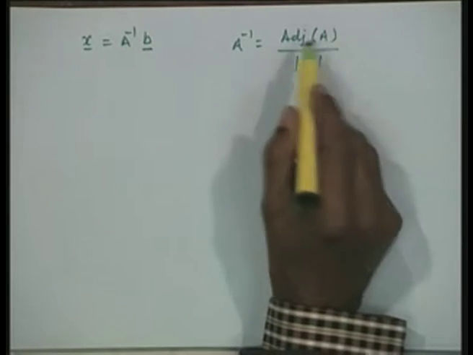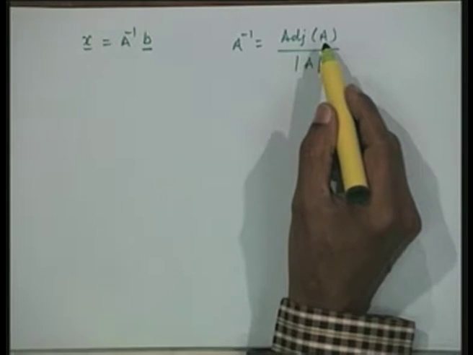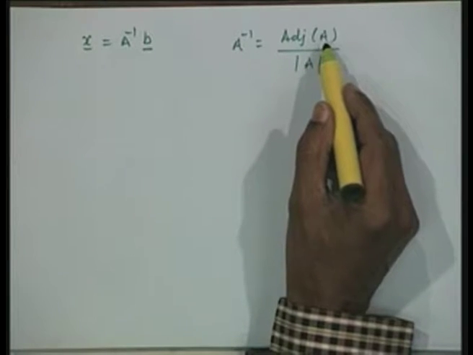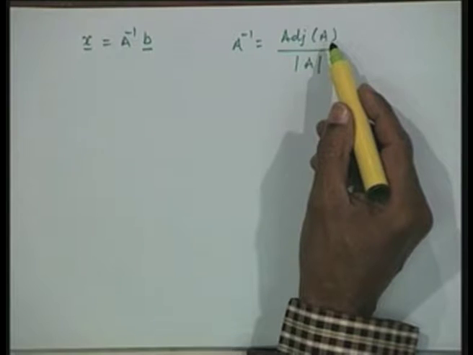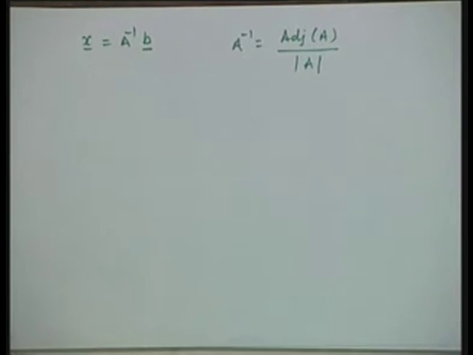Therefore, the computation is of enormous magnitude and it is almost impossible for us to use for a 50 by 50 or a 100 by 100 system. Therefore, we need alternate methods to even compute the inverse or the determinant, or to solve the system of equations itself.